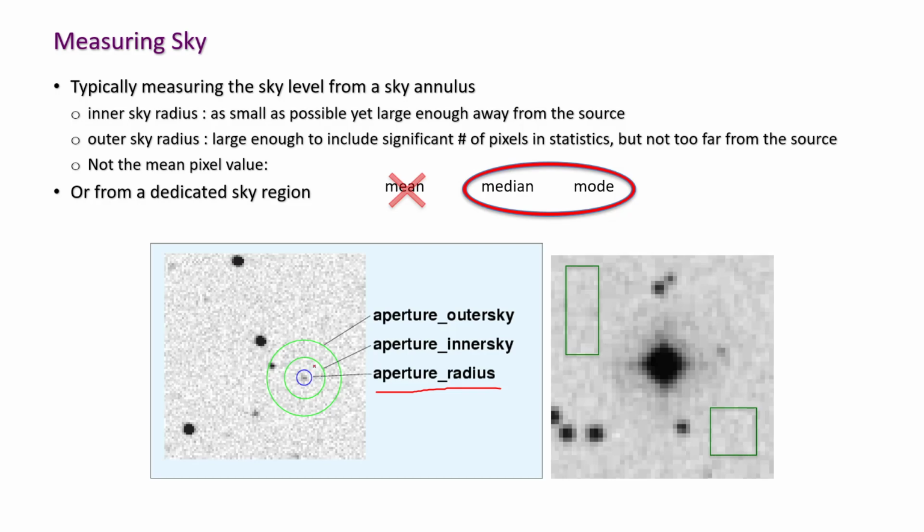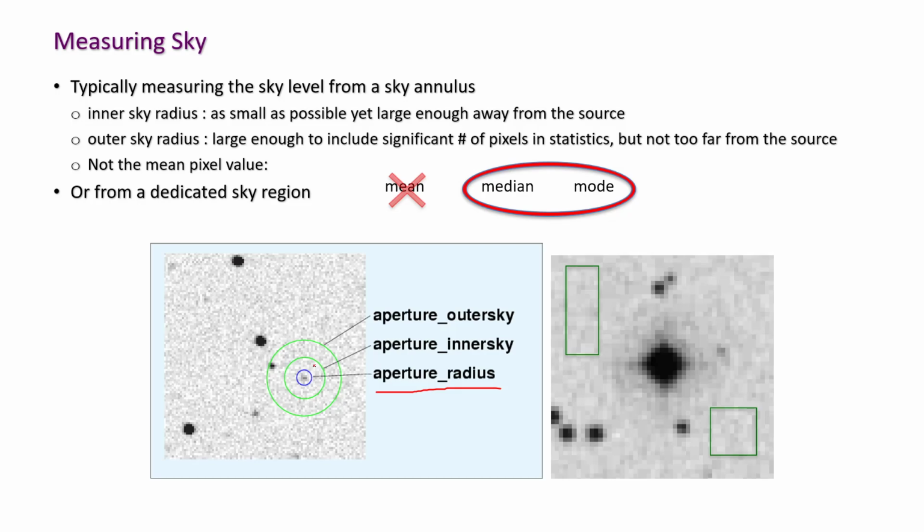That inner sky radius is chosen in such a way that it is not close to the target, so that the count coming from this target is not included. So we safely exclude most of the target light. That's the selection criteria for the inner radius.